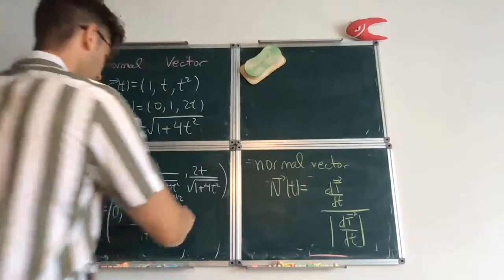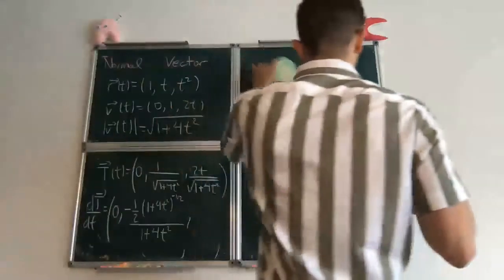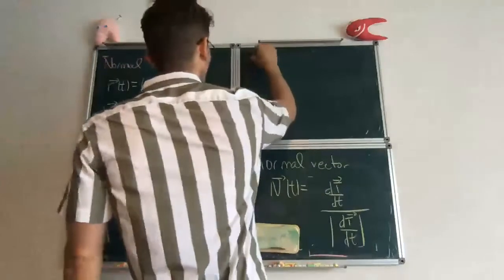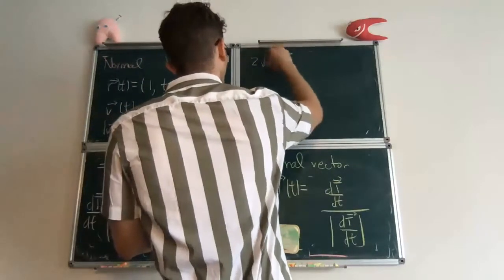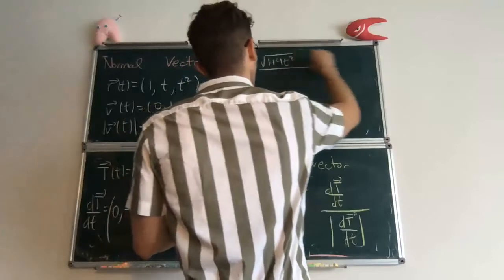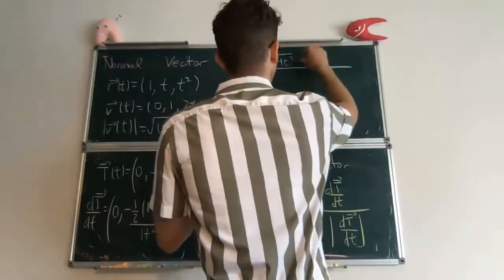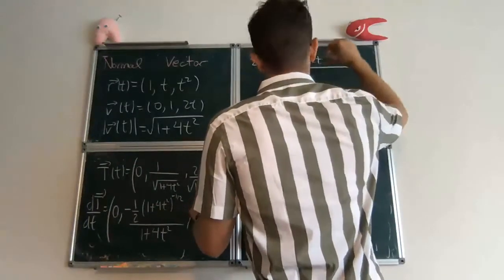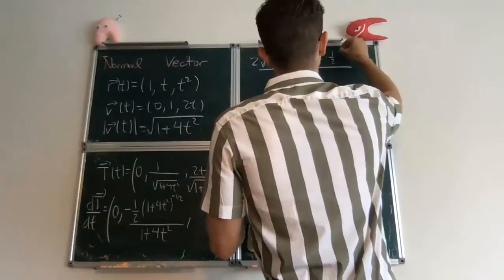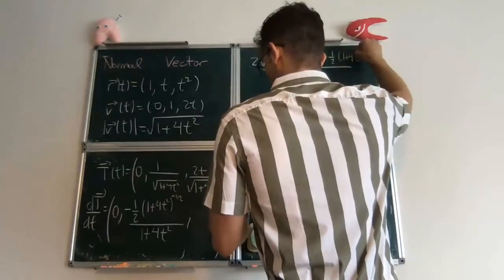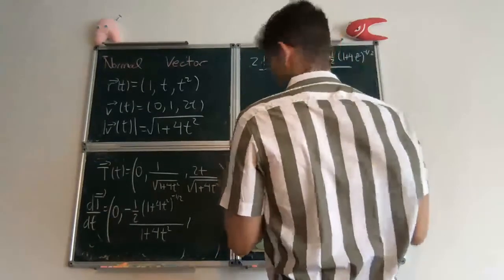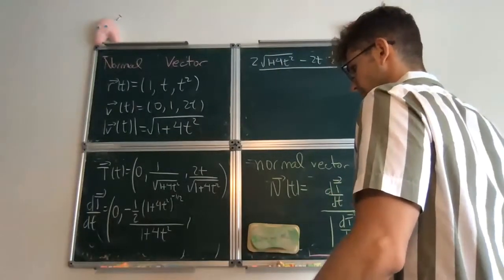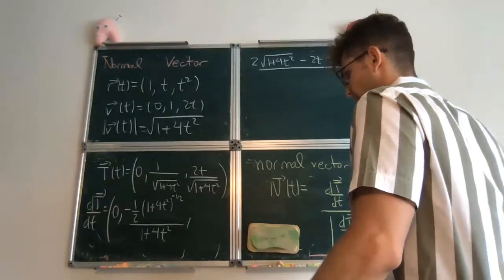And then if you do the same for the last entry, by the quotient rule, you get the derivative of the first one, which is 2, times the second one, minus the first one times the derivative of the second one, which is 1/2, again, times 1 plus 4t squared to the negative 1/2 times, I forgot, when we took derivatives here, I had to multiply by the chain rule.